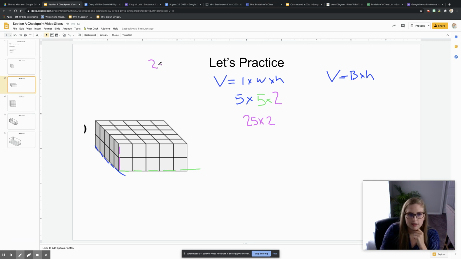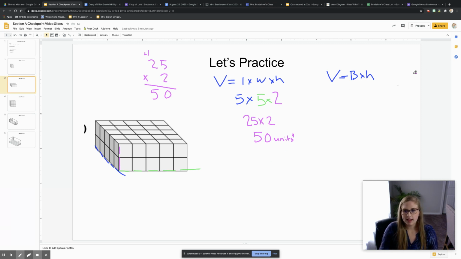Another way that I can solve this is by doing 25 times 2 and writing it this way. 2 times 5 is 10, write the 0 and carry the 1. 2 times 2 is 4, plus 1 is 5, so 50. So 25 times 2 is 50 units cubed with a little tiny 3 up at the top, or 50 cubic units. You could write it either way.